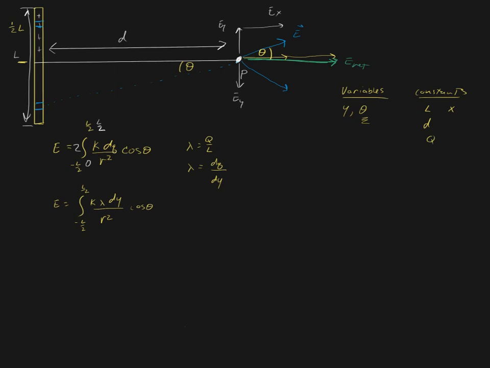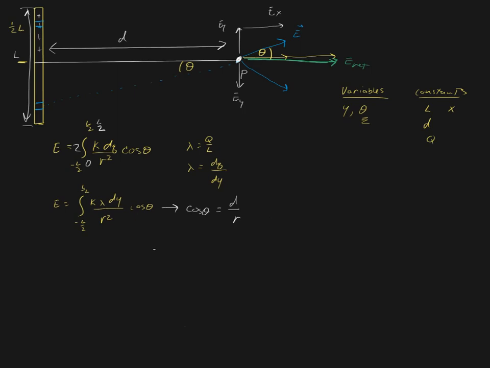Okay, so cosine theta, remember, is going to be equal to the adjacent over the hypotenuse. And in our case, to get theta, the adjacent side is equal to d, and the hypotenuse is equal to r.